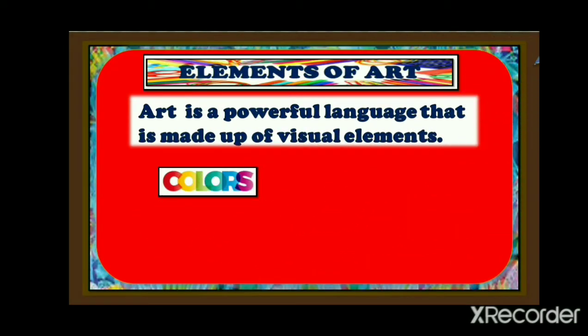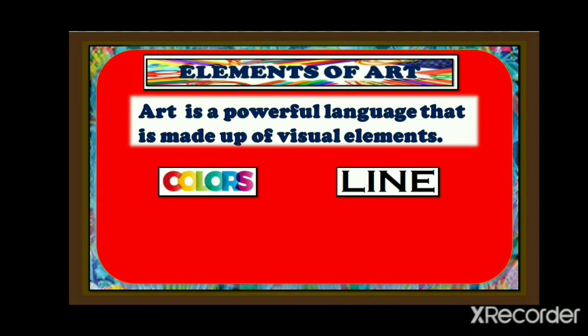Another element of art is the line. A line is the path of a moving object through space. It can be used to send different messages to the viewers. Most Filipino artists use lines in their paintings: the horizontal line appears to be at rest, and the vertical line shows dignity, formality, and strength.